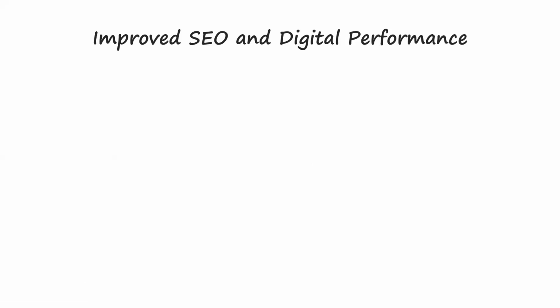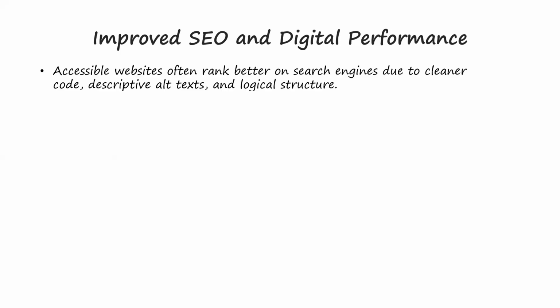When you build accessible applications, you can see that it improves SEO and digital performance. Now, you wouldn't want Google to lose out on 1.3 billion people. So if your web application is not accessible, why would Google include it in their search? They will look for people who have built applications that can also reach the other 1.3 billion people that are disabled. Accessible websites often rank better on search engines, so if you want to rank better, you have to use accessibility.